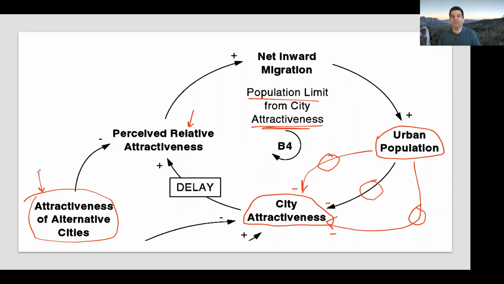And so gradually the alternative cities start increasing their attractiveness, and that will also end up reducing the attractiveness of the city we're looking at. In this model, we're assuming attractiveness is an exogenous factor that we can take as constant, as a parameter. But you could imagine building an even bigger model where you did actually model the dynamics of alternative cities as well and add that into it.